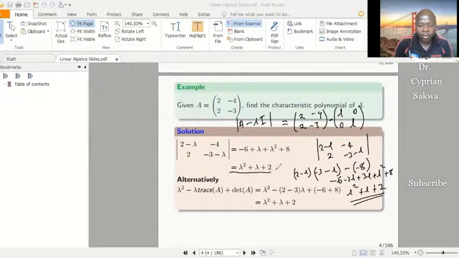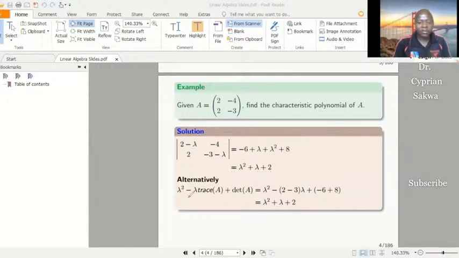Alternatively, we can use the other formula that I've given to you. Let me just delete this. I've said it will be lambda square minus the trace of A times lambda plus the determinant of A. So that is lambda square, and the trace of A is the sum of these elements along this diagonal.